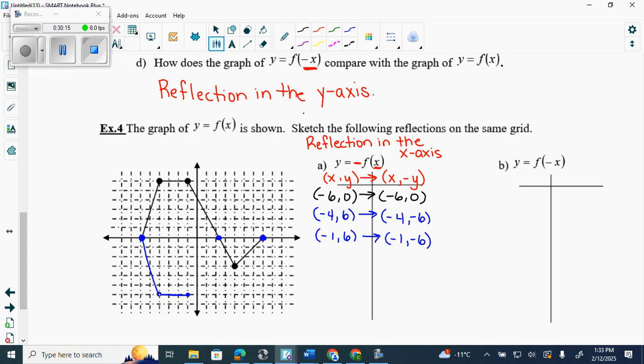The next one, I have this one staying, so it just goes to that. And then I have 1, 2, 3, 4, and -3. It's going to become 4 and -3, so 4 and 3. And then, does it look like it reflects in the x-axis? Like that's a mirror there? Yes.